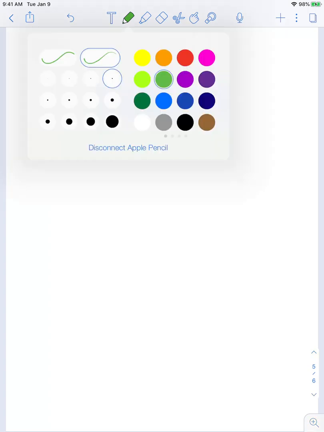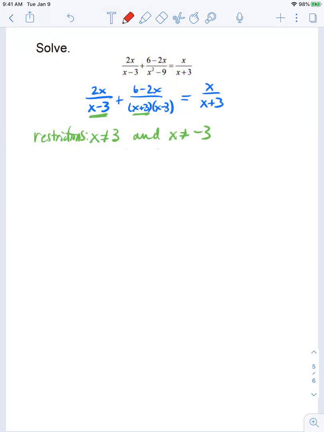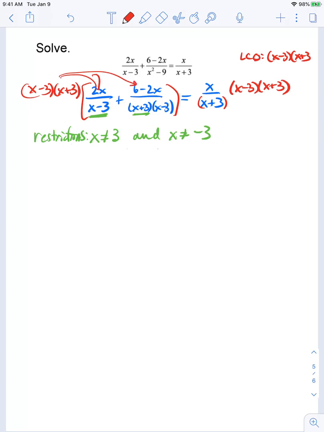All right, so let's use the LCD method to clear the fractions. So my LCD for all three of those fractions is x minus 3 times x plus 3. I'm going to multiply both sides of the equation by that. Distribute on the left side to both terms.